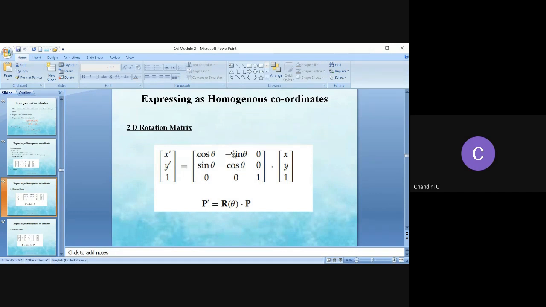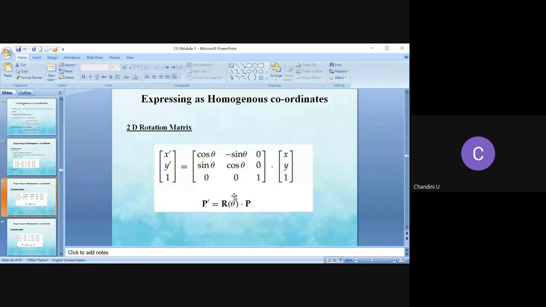This is with respect to rotating in the clockwise direction, where theta is negative. And what you see here is the translation vector. The third column specifies the translation. If there is an arbitrary point involved, which means the rotation is not about the origin, then this third column will be filled with that arbitrary point value, say m and n.